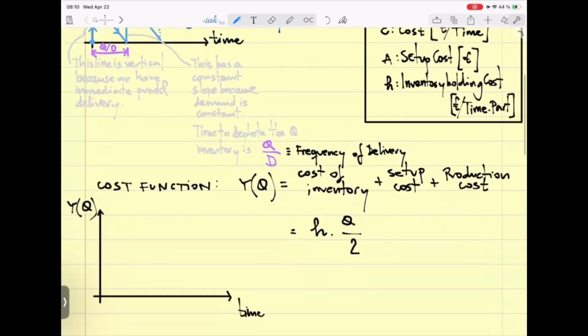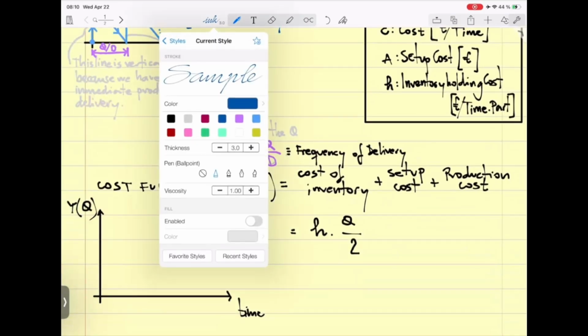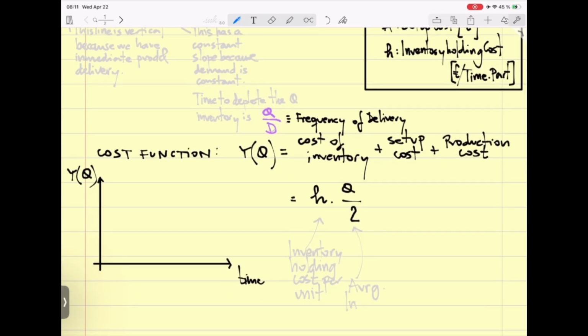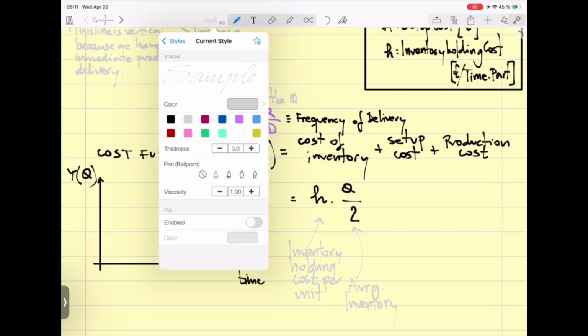Okay, so this is the inventory holding cost per unit, and this is the average inventory. If we multiply these two, we get the money it costs to hold the inventory.